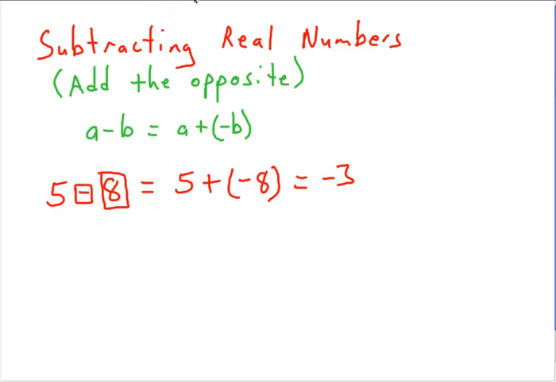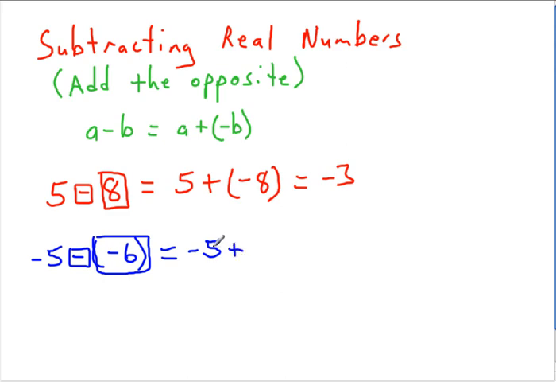Let's do another one of these. So if we had negative 5 minus negative 6, okay, so this subtraction we're going to change, and this number we're going to change. So the first number always stays the same, so negative 5, that subtraction changes to addition.